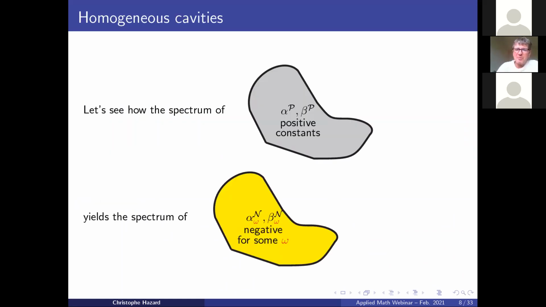So the message here is the following. I'm going to show you how the knowledge of the spectrum of a usual closed cavity filled by a positive material, a homogeneous positive material, gives you the spectrum of a cavity filled by any negative material.